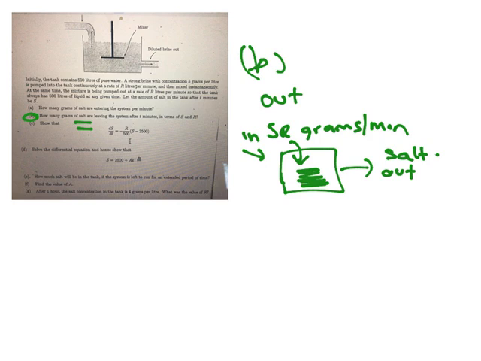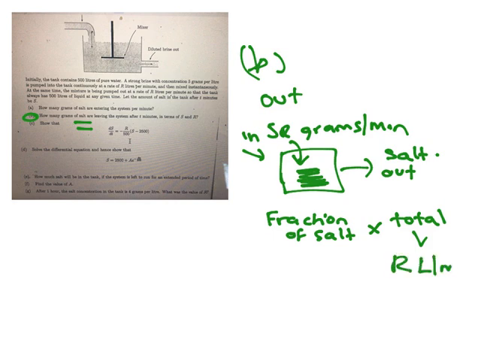So coming out of the system, what you have to do is get the fraction of salt and times it by the total volume that is coming out of the system. The total volume coming out is R litres per minute, because that's what it says there. And the fraction of salt: S is the amount of salt.